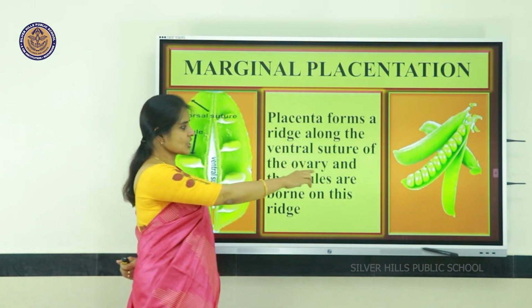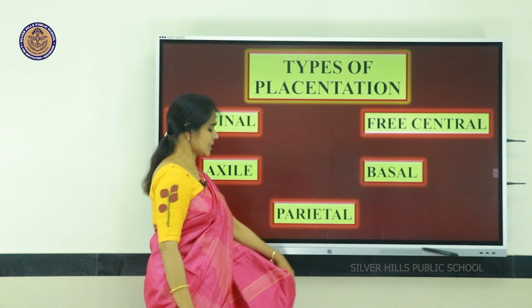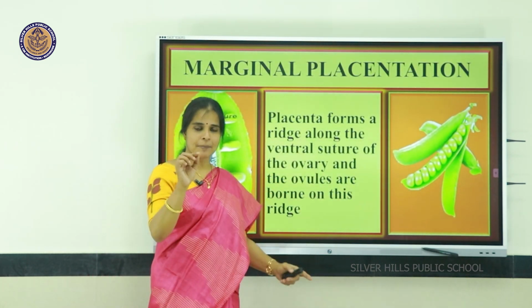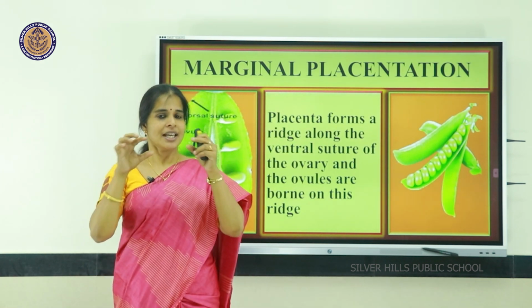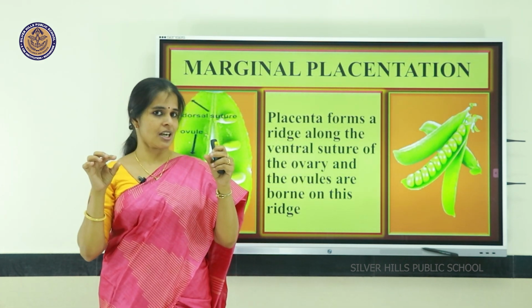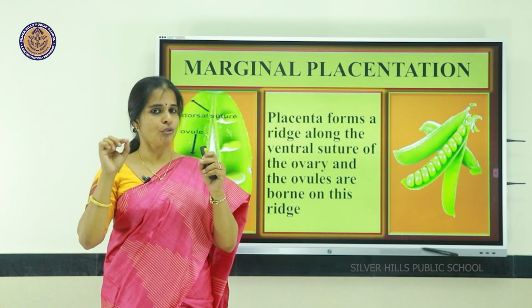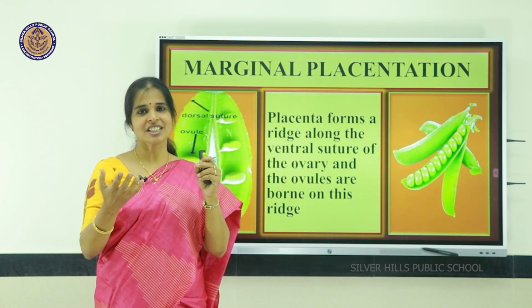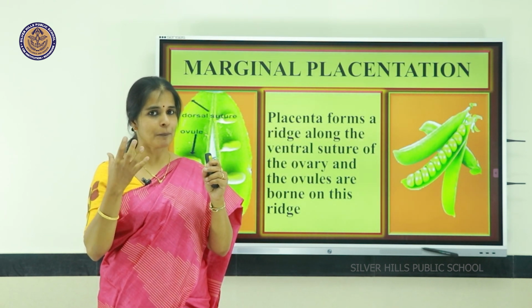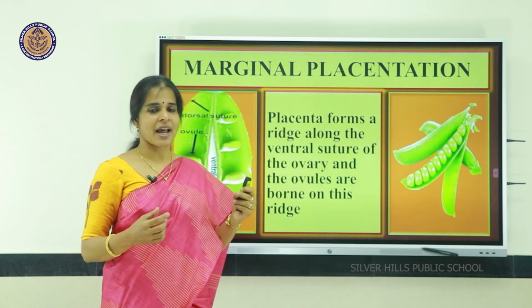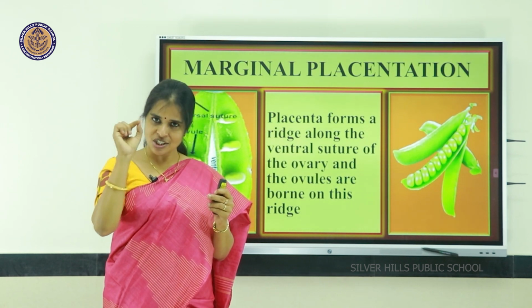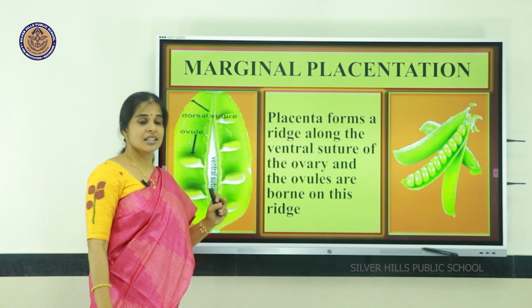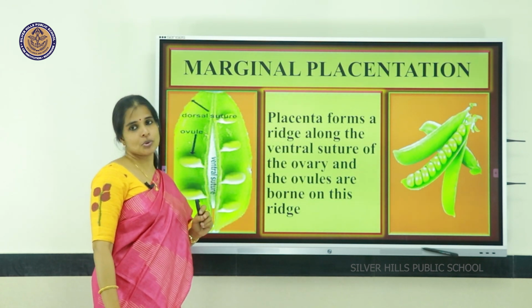The example of marginal placentation is mainly the pea plant. In the pea plant, the ovary is the outer green cover. Inside it, prior to fertilization there are ovules, and post fertilization they convert into seeds, the peas that we get. In the pea plant, the ovules are arranged on the marginal part where a ventral suture is present, and only in this ventral suture region the ovules are borne.